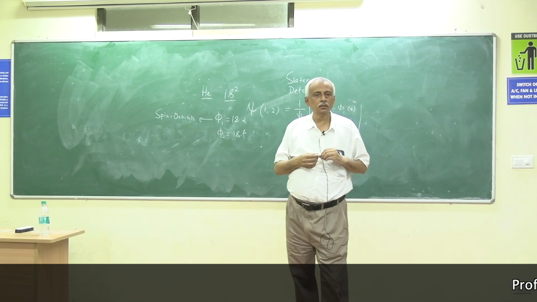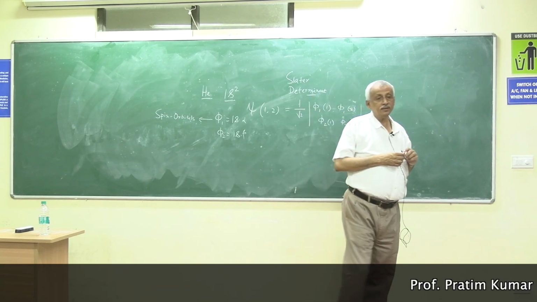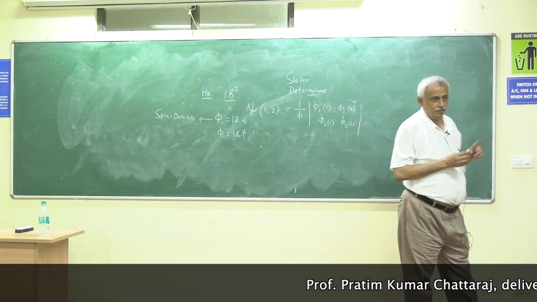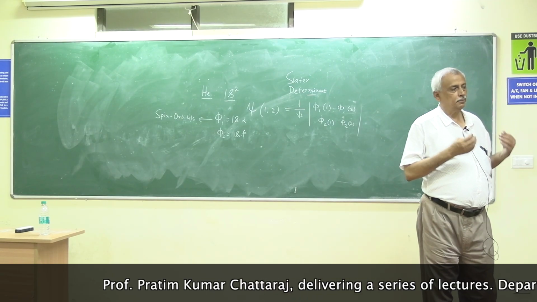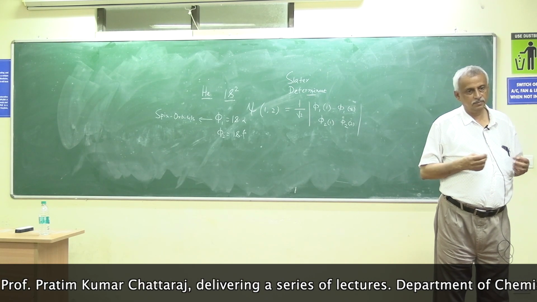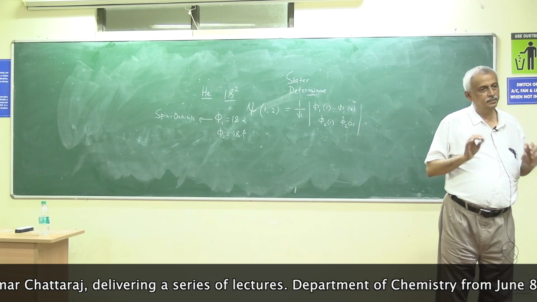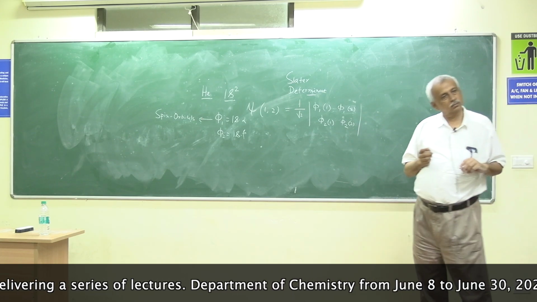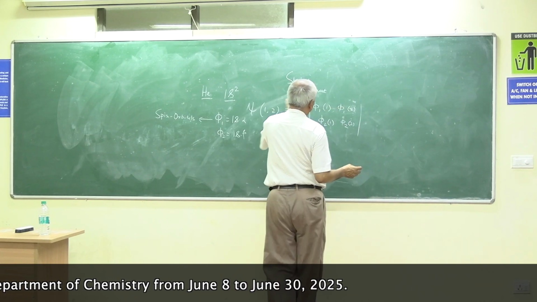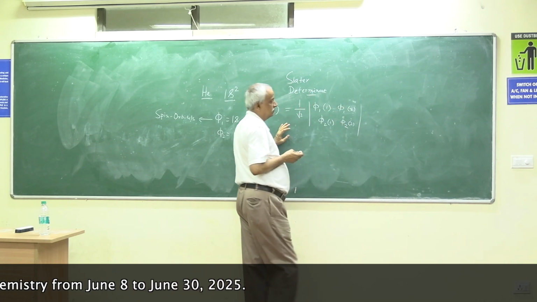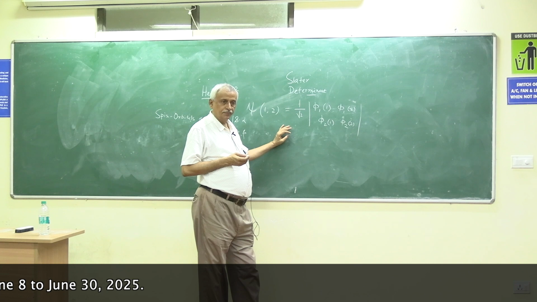Because the wave function is symmetric with respect to binary permutation. So if you interchange the levels of the two particles, for fermions it will change the sign, but for bosons it will remain the same. So it is symmetric with respect to the corresponding operation. So in this case, you get the Slater determinant like this.